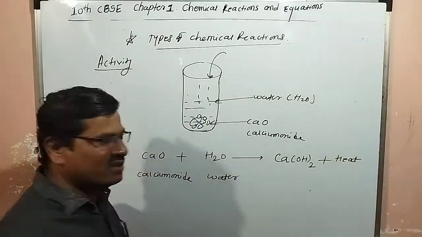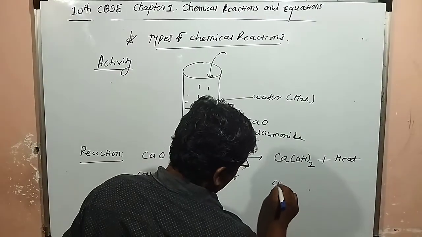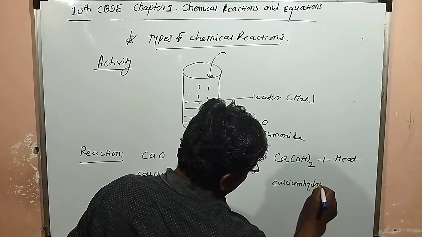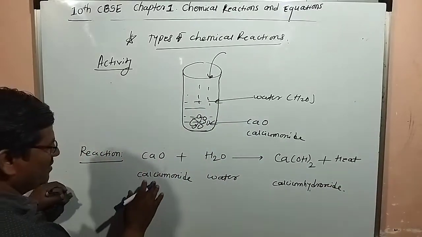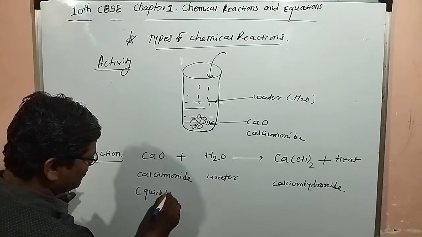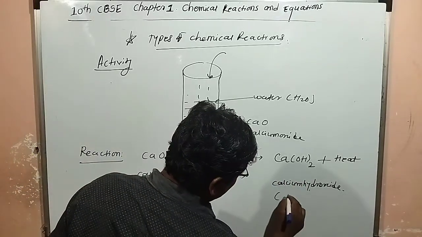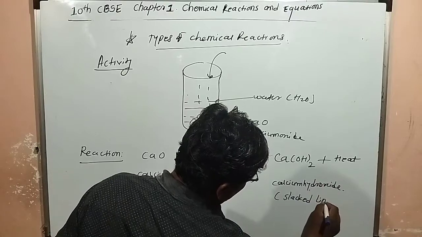Ca(OH)2 means calcium hydroxide. This CaO is also called quick lime, and this calcium hydroxide is called slaked lime.